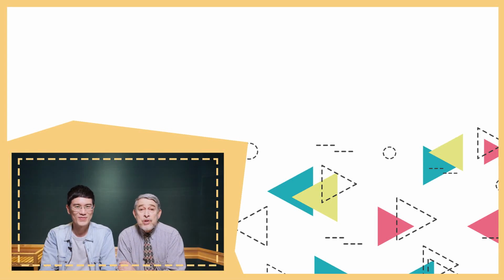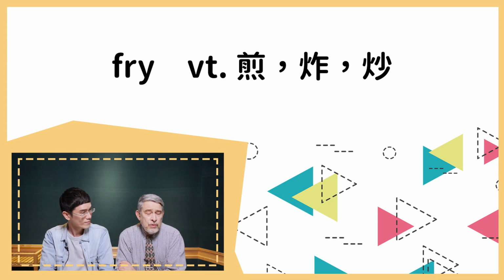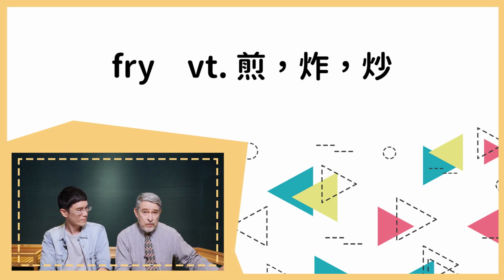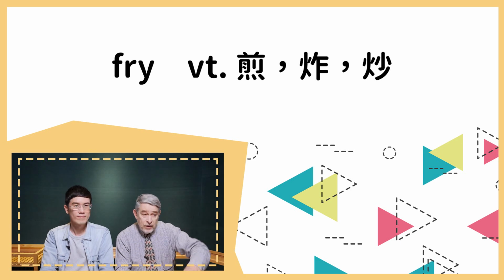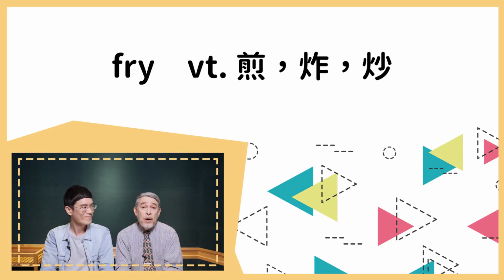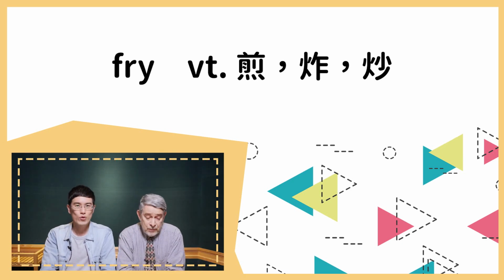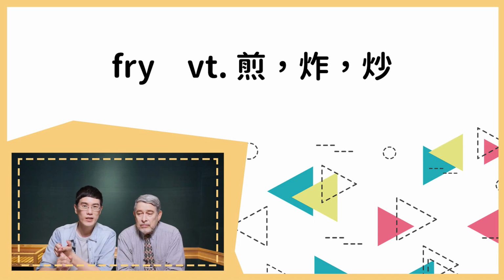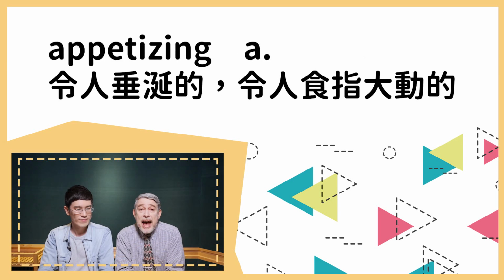The first item is fry. As I told you, it's that kind of cooking. Much of our food, if it's prepared by cooking with fire, is fried. A little bit of oil in a pan, and you have to turn the food. You are frying the food. 没错，就是一种烹调的方式，你可以翻成煎或者是炸，都是可以的。The next word is appetizing.